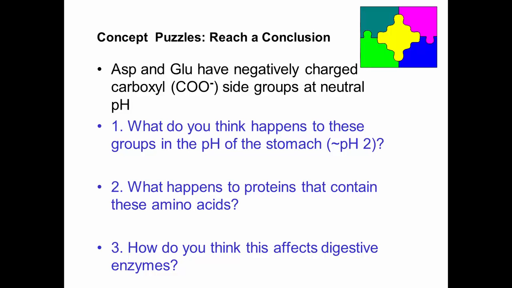How do you think that helps? You know how to answer this. When you do that, you're destabilizing all those ionic interactions. What are you doing for the digestibility of that protein, with the digestive enzymes? Yeah, increasing the access so the enzymes can get in there to the primary sequence.